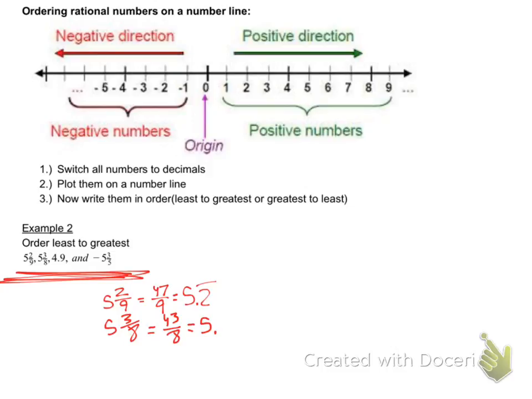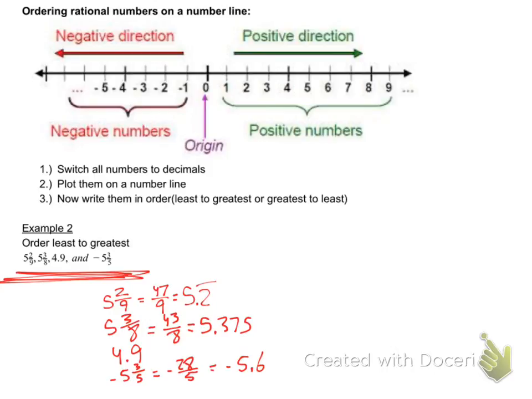You guys have your calculators. 5 point what? 375. 4.9 I think is 4.9. That's not bad. And negative 5 3/5 is negative 28 over 5, which is 5.6. Negative 5.6.